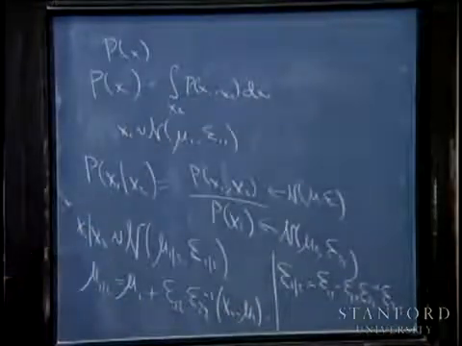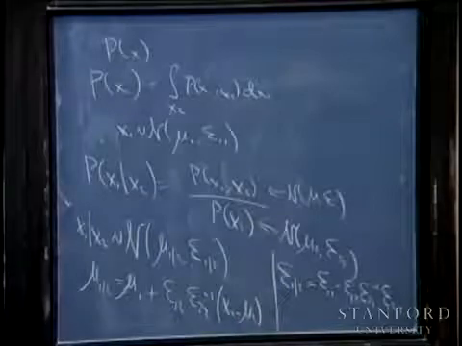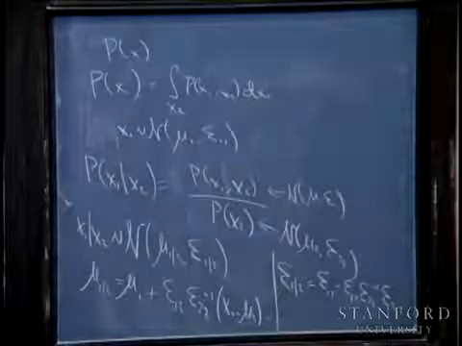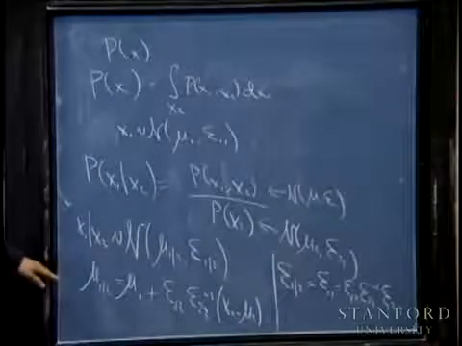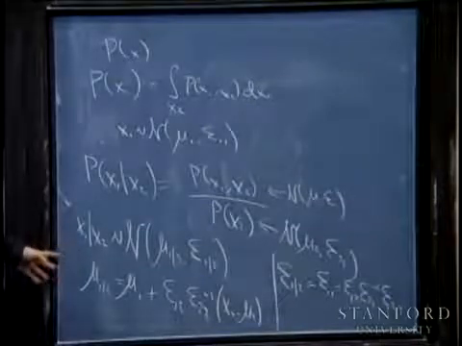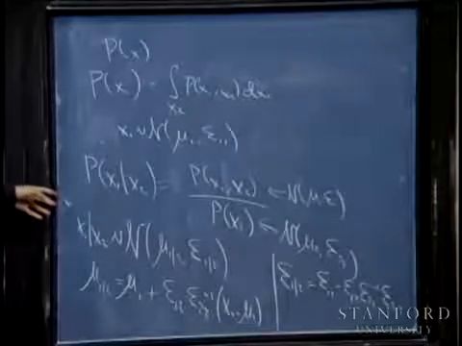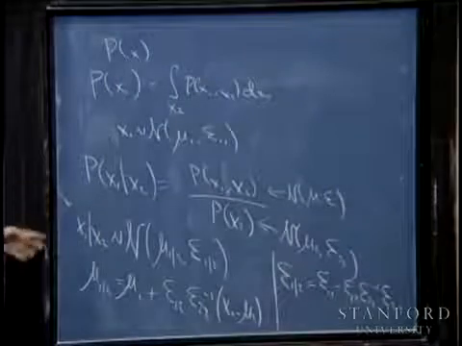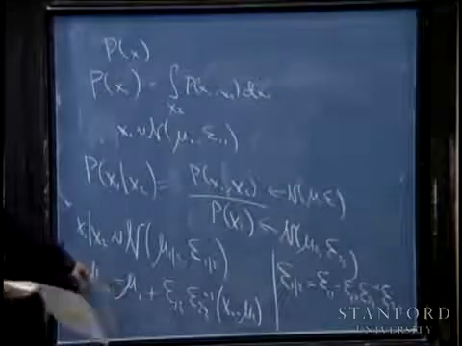The sigma of 1 given 2 is given by that. These are just useful formulas to know for how to find the conditional distributions of a Gaussian and the marginal distributions of a Gaussian. I won't actually show the derivation for this.